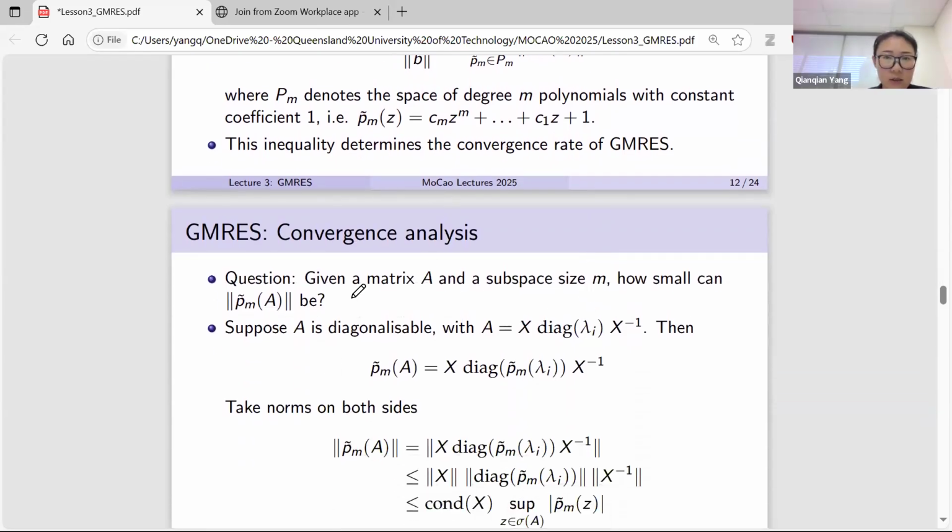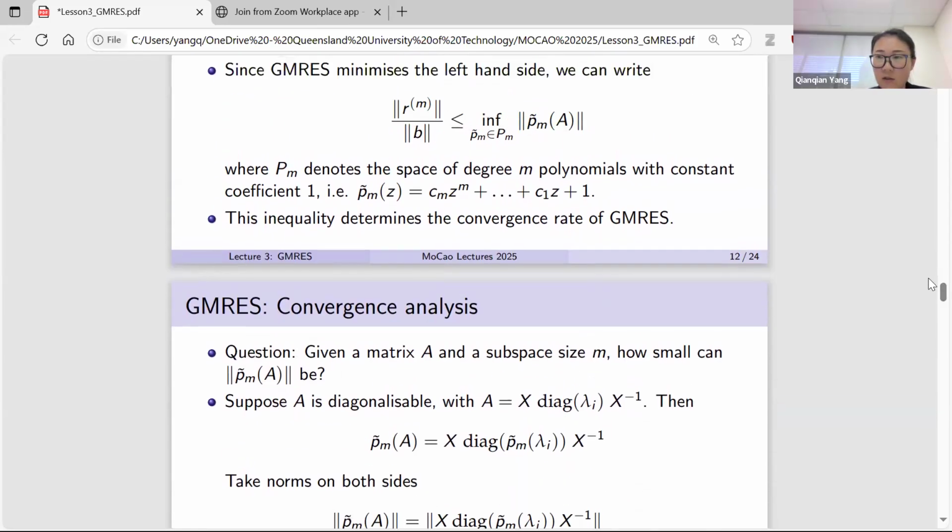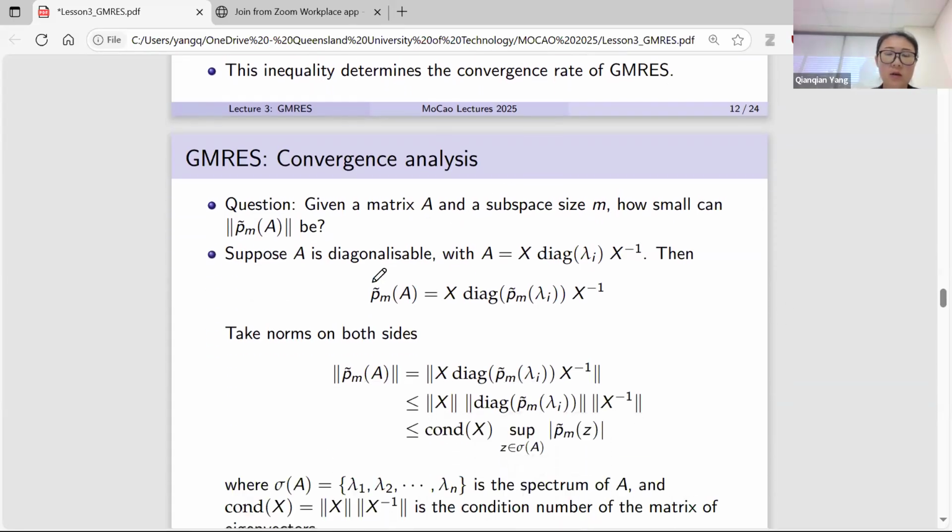All right, so with this result, now our question is that for a given matrix A and a subspace size m, how small can this norm be? So now let's suppose our matrix A is diagonalizable. That means we can write A as X diag(lambda_i) X inverse.